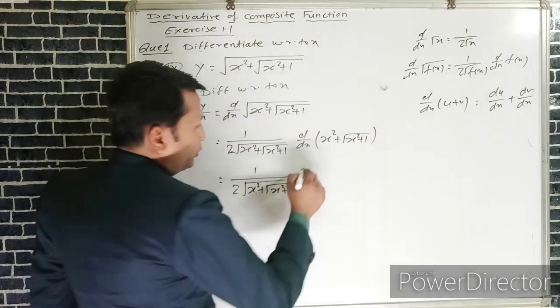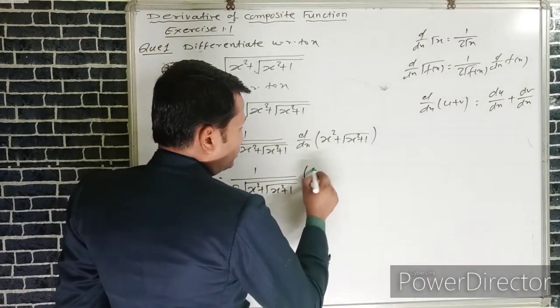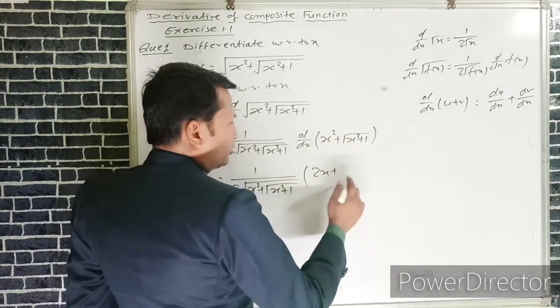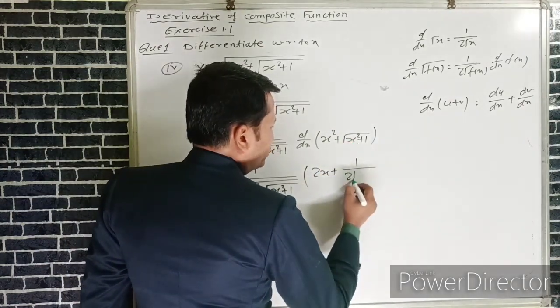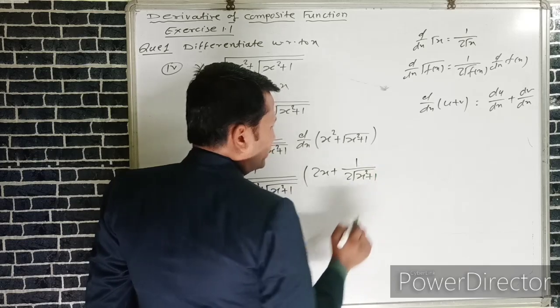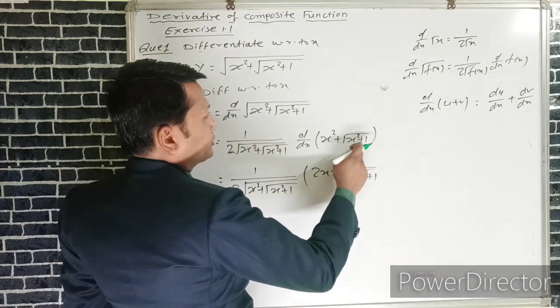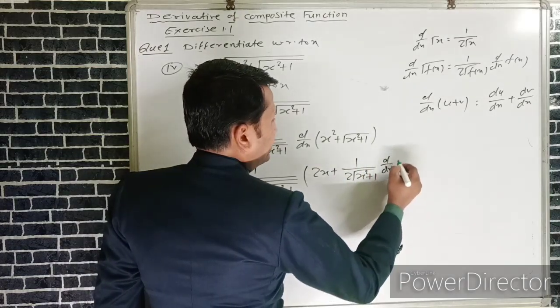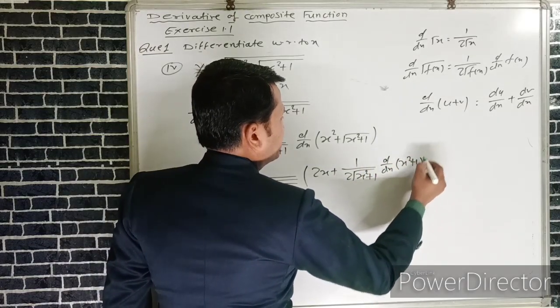It is clear that the derivative of x square is 2x, plus the derivative of the under root term, 1 upon 2 under root of x square plus 1. Again, we consider x square plus 1 as x. Hence, we can write again a derivative of x square plus 1.